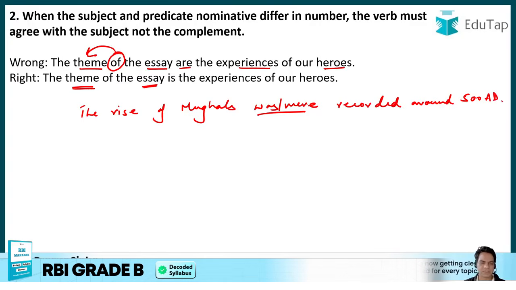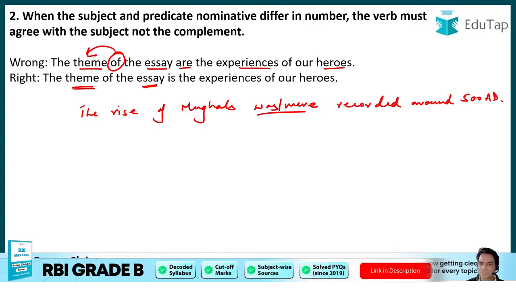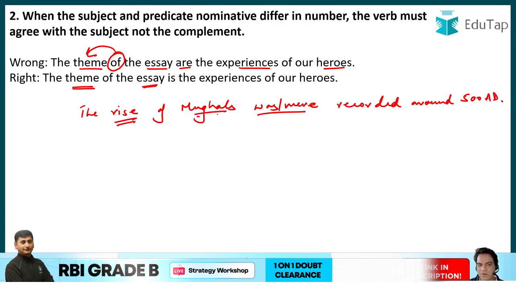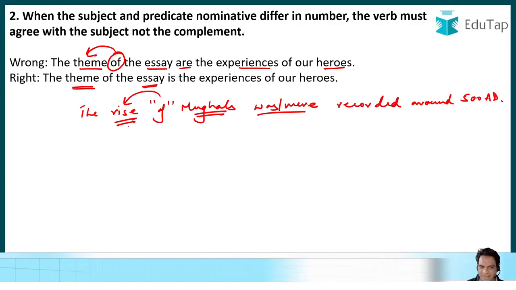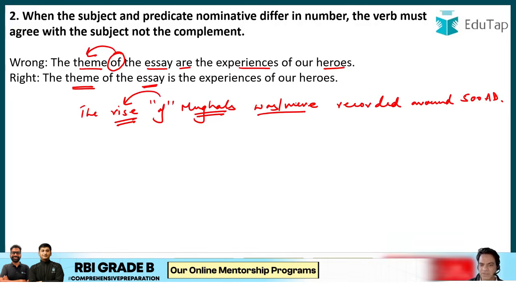So see guys, the rise of Mughals was recorded around 500 AD. Now we are talking about Mughals or the rise of Mughals. You see the word of, always remember the noun before it is the subject. So the rise is the subject here. So the rise of Mughals was recorded around 500 AD.